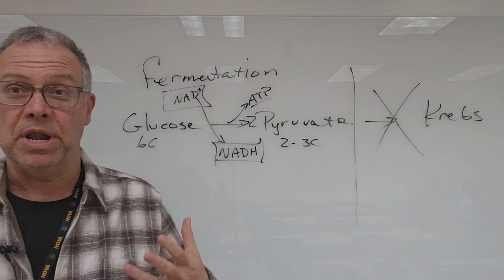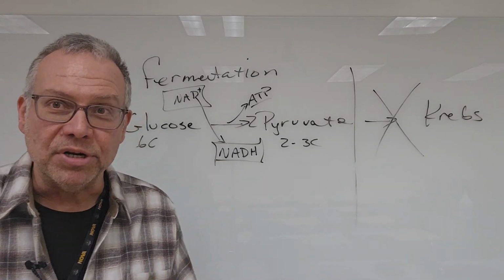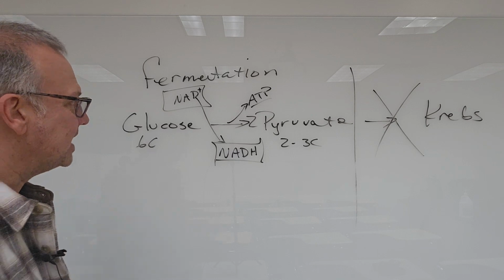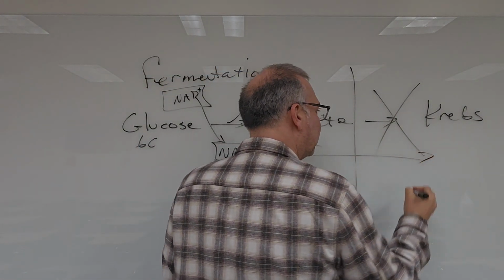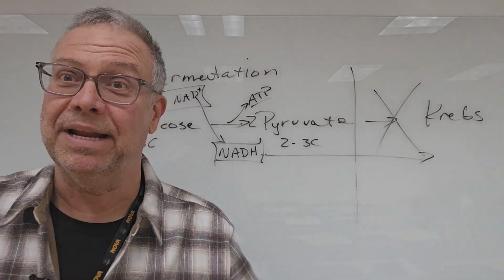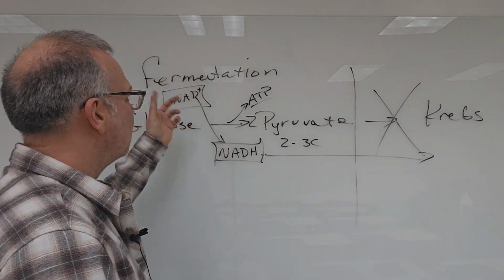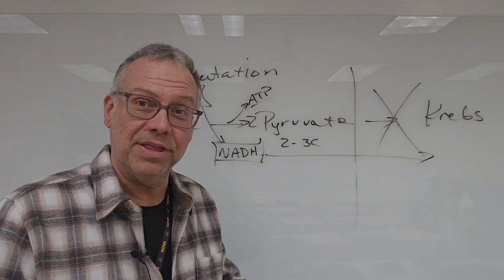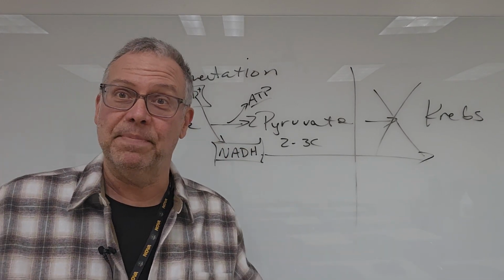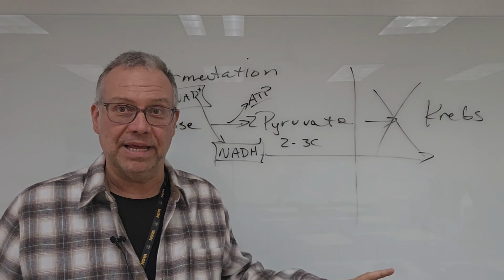The place where you would normally produce the NAD as the reactant is by taking the NADH and sending it over here to the electron transfer chain. You're not doing that. So the NAD gets exhausted and the NADH builds up.